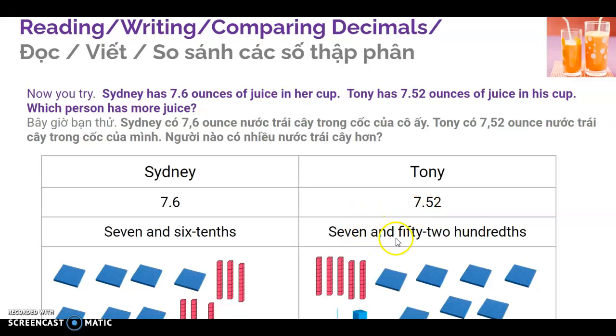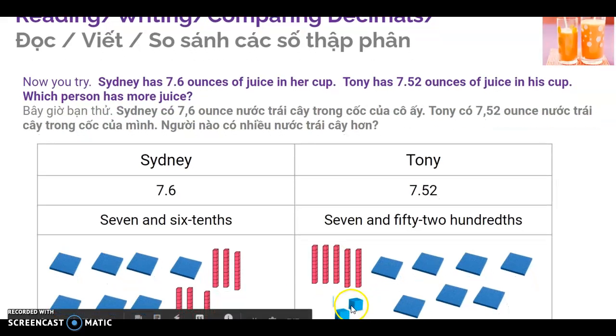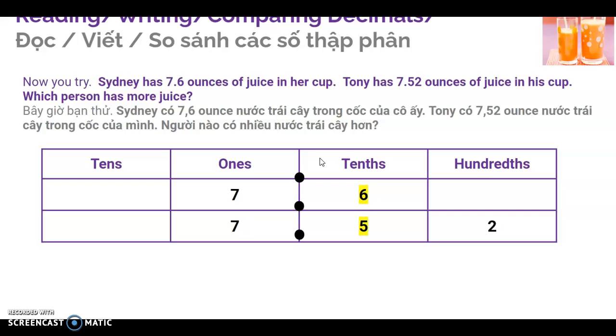So 7 and 52/100ths. Okay, and here are our flats, our 7 flats. Here are our 5 rods, and you can't see it, but there's our 52/100ths.